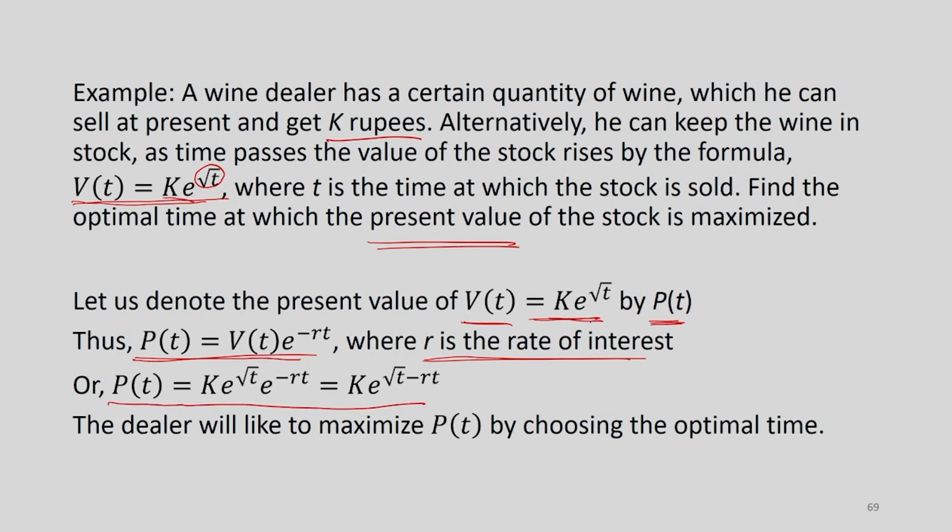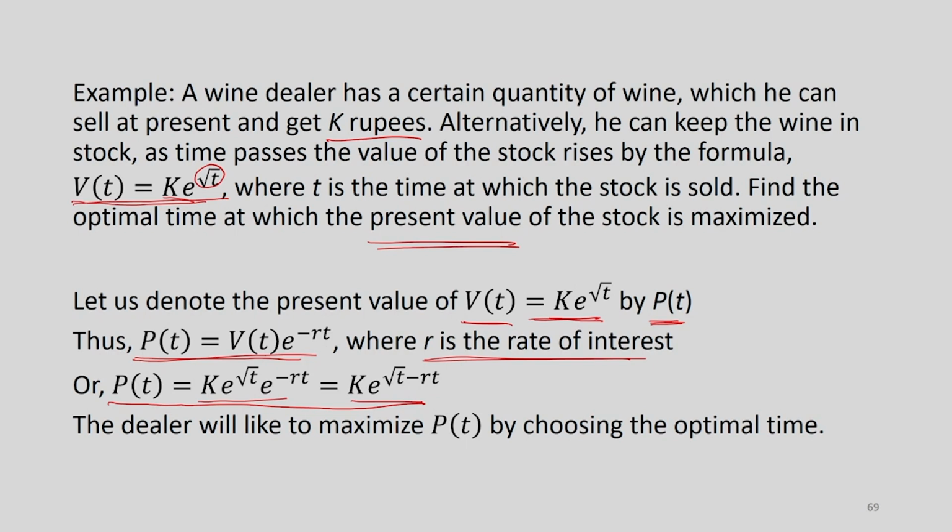Vt is given by k multiplied by e to the power root over t. We write it here and we get this expression, Pt is equal to k multiplied by e to the power root over t minus rt. So, we have found out the present value.